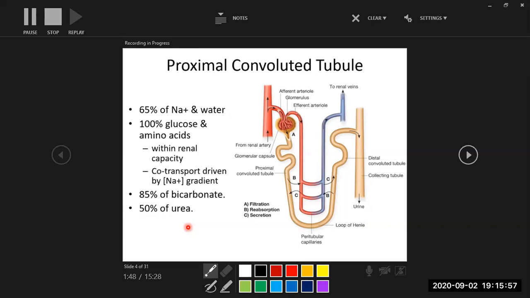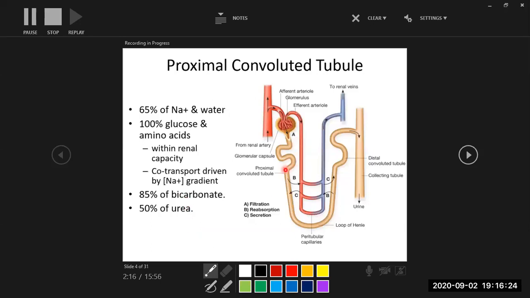When we reabsorb salt, we also provide the gradient to reabsorb water. And that same thing keeps our body from being too salty, except the region in the medulla that we talked about. That's a unique area. Other than that, in general, when we reabsorb salt, the same amount is used to reabsorb water.